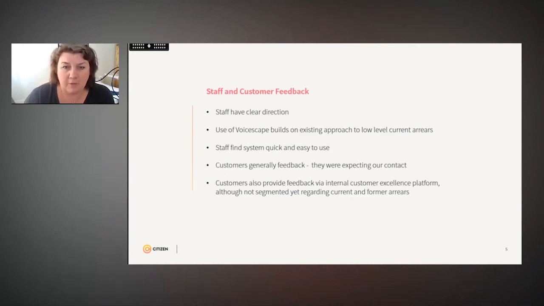We're also starting to get some customer feedback available via our internal customer excellence platform. Now, we haven't segmented that to separate out the difference between current and former arrears. So it's something on my to-do list going forward, but they're treated the same, and our performance is really, really positive.